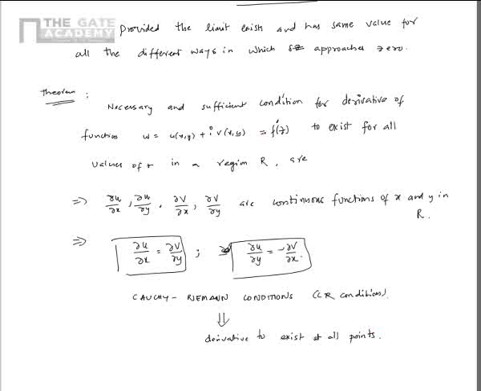Okay, so let me write this as f of z only. So w is basically f of z, and w can also be written as u plus iv.